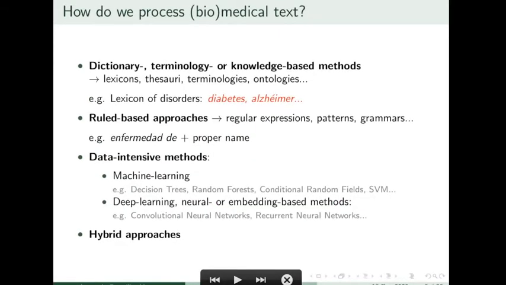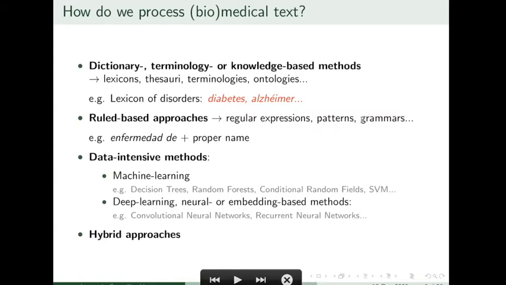How do we process biomedical text? First, we could find dictionary or knowledge-based methods. So this could be, for example, using a lexicon of disorders, diabetes, Alzheimer, etc. Second, we could use rule-based approaches using regular expressions, patterns, grammars.